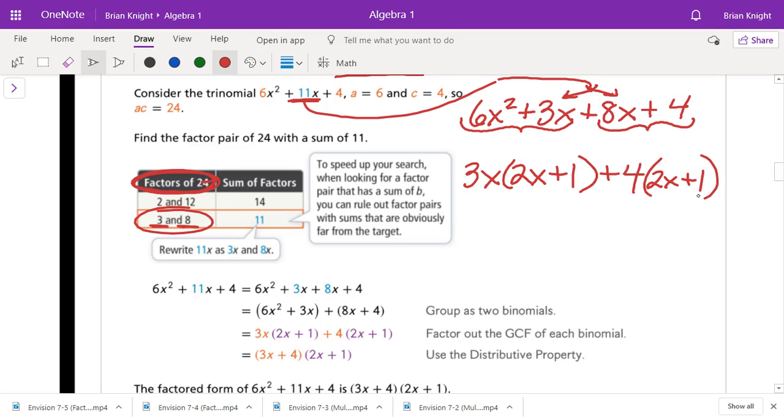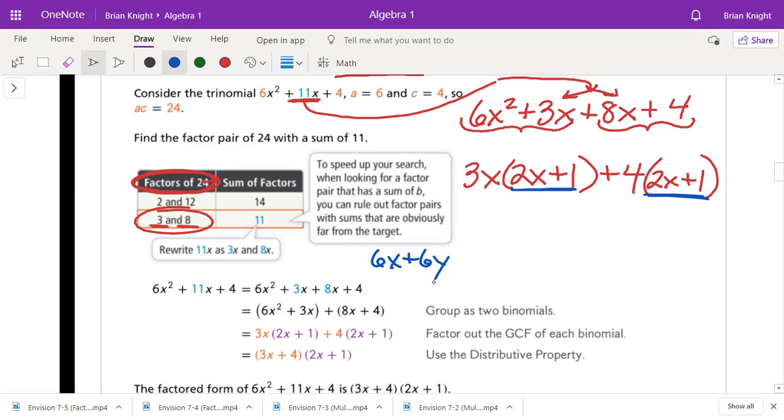So, here's what everybody has a hard time understanding because it's big and you think, oh, you can't do that. Yeah, you can. What do these two have in common? So I can bring that entire 2x plus 1 out front because that's their common factor. Think of it like this. I want to do it with something that you recognize. Like 6x plus 6y.